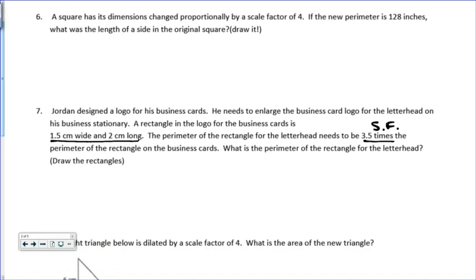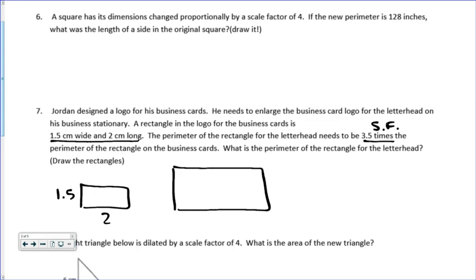So we're going to draw a picture. We have the business card, which is a 1.5 by 2. And the letterhead is going to be larger because our scale factor is more than 1. So our letterhead is going to be larger. And it tells us by how much. Okay, so 1.5 times the scale factor will give us our new length, and 2 times the scale factor will give us the new width.